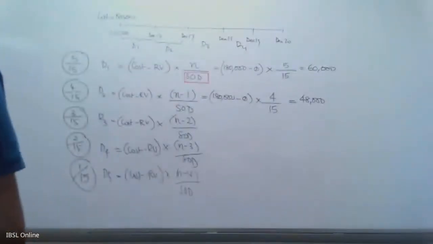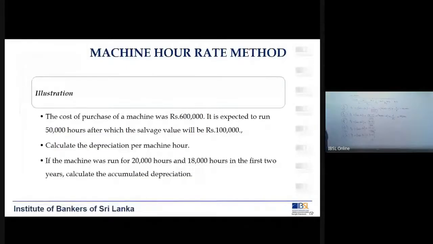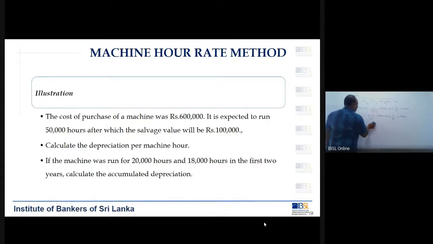So the next one is the machine hour rate method. You are going to use the machine hour rate method, as I told you earlier, when there are specific businesses like manufacturing organizations, apparel companies, when they have machinery, because they will be using mostly machinery.